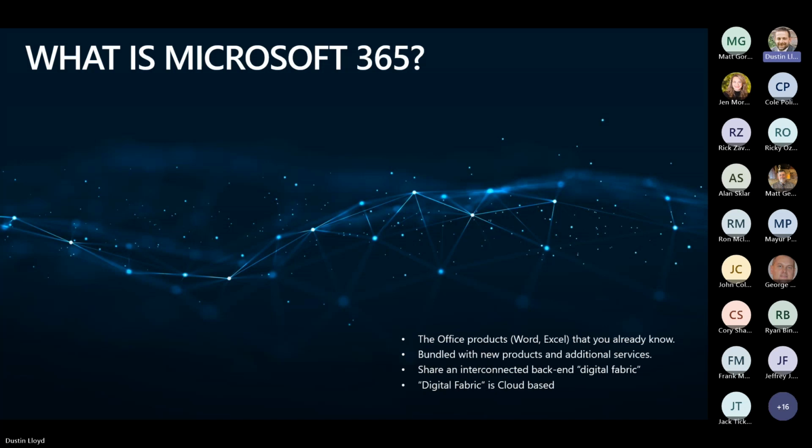And that digital fabric allows all of these applications and all of these services to communicate and talk together, which really improves the user experience. And that's where we typically see this gap that we're talking about on getting organizations to adopt it, getting your end users to understand it.